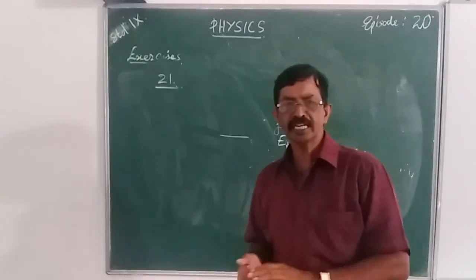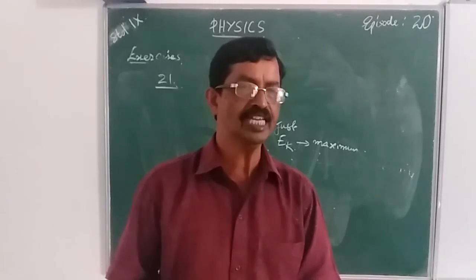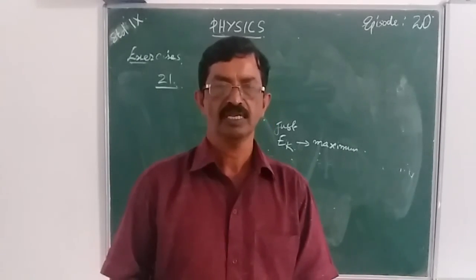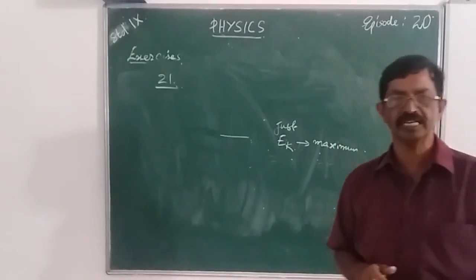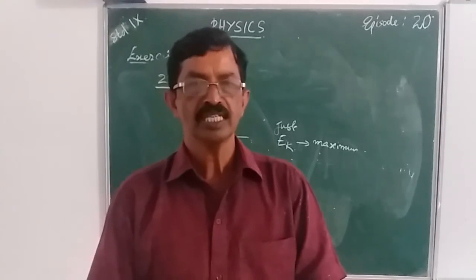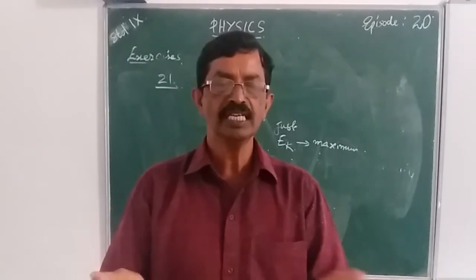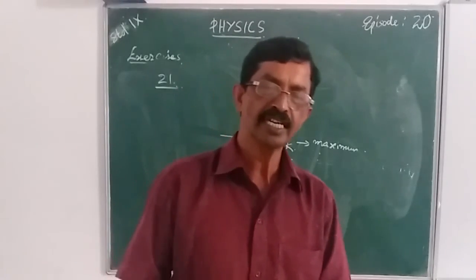There are two different types of work, positive and negative. Then we discussed different forms of energy. Among those is mechanical energy. This mechanical energy is of two types, potential and kinetic.